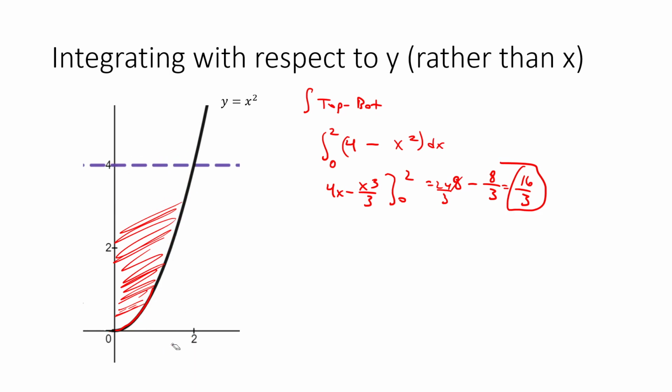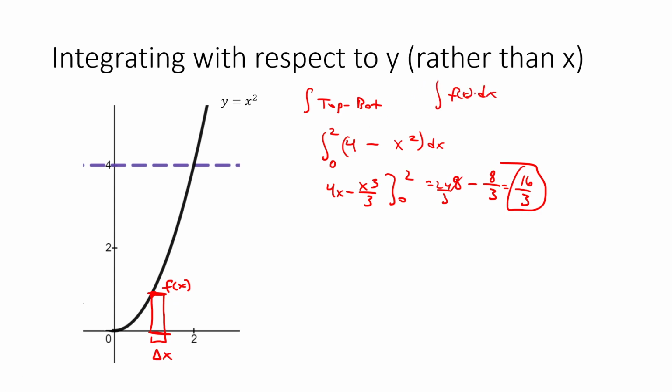All right, but now a different way to think about this, and this is teaching you a new technique. We are used to drawing rectangles this way, with a function value as our height, and then some change in x as our width. That's where the dx comes from.